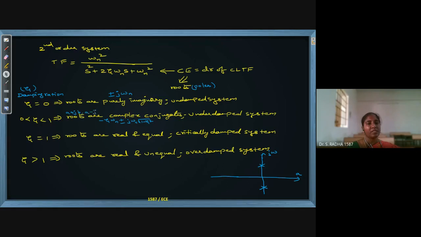A means minus eta omega n, plus or minus jb. So j is present. B means omega n into square root of 1 minus eta square. That is exactly what we got in the equation. In that case, complex conjugates means the location will be somewhere here, within the quadrant. Okay, these roots are complex roots.